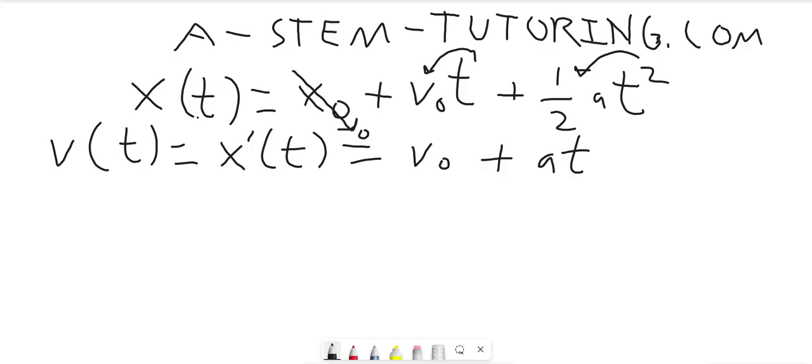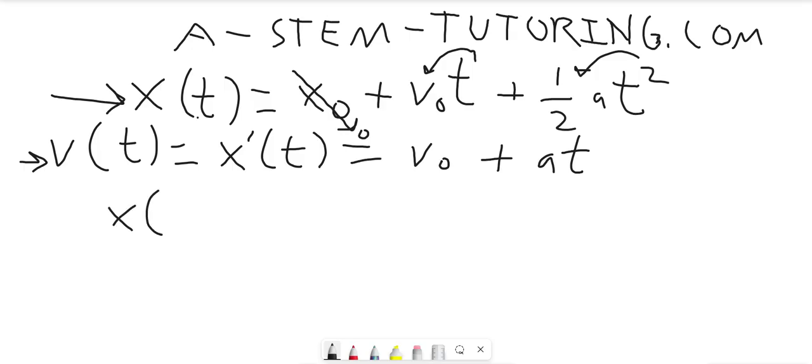So the velocity at any given time is v naught plus at. If we drew the slope of a line tangent to the position curve at any given point, it should equal the first derivative.